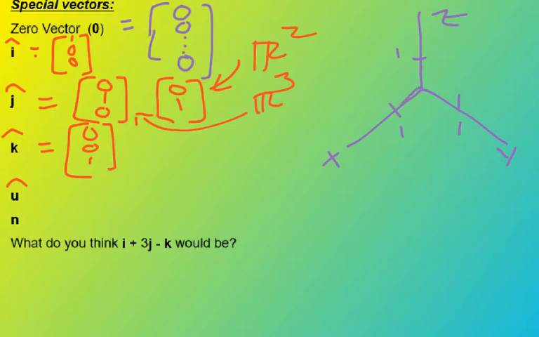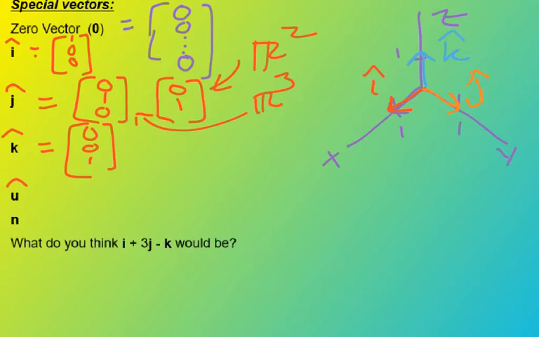We would have something like I hat right there, J hat right there, and then above, in blue, this would be K hat.